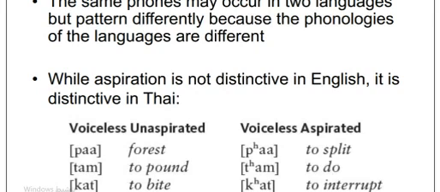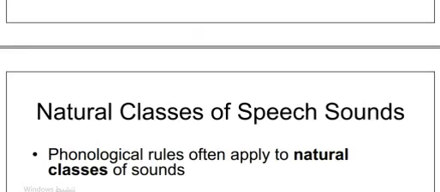So this is a reflection about aspiration. Here we have voiceless unaspirated and voiceless aspirated. In the first part they say ba, forest, cat, to bite. In Thai they don't have the voiceless aspirated; they have unaspirated. So in Thai, not in English, but in English we have the aspiration.